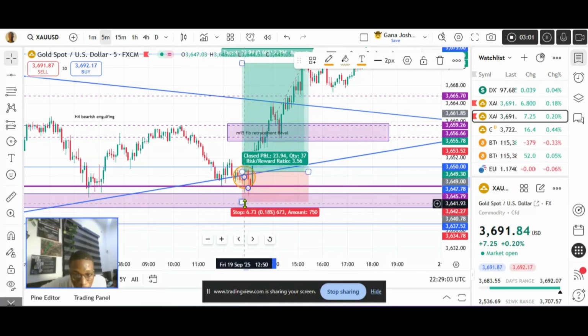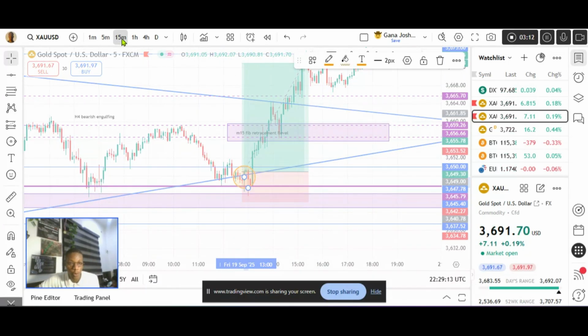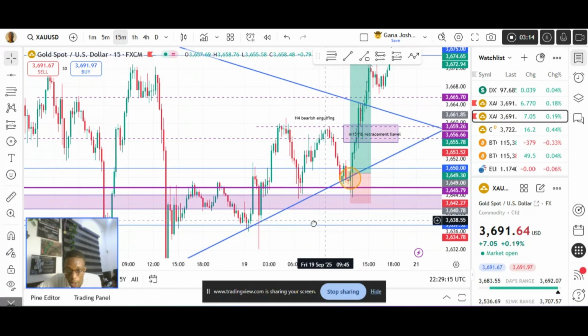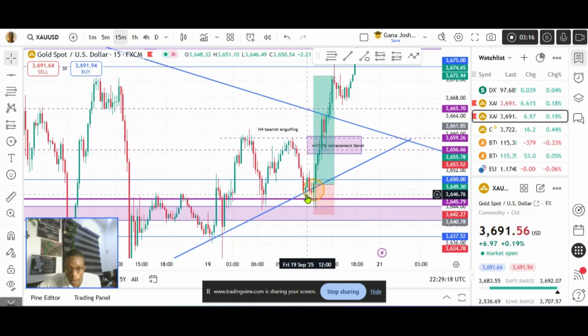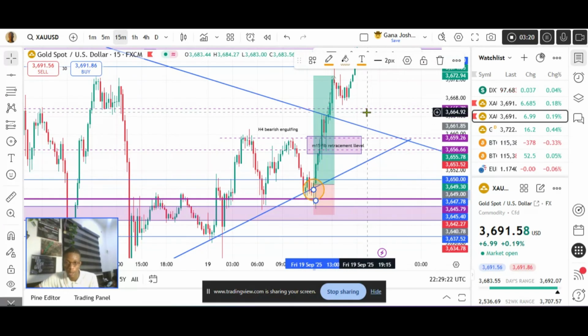Our stop loss was below this low. Price came like it wanted to touch, and it gave us the confirmation. And if we go up, you would see how price reacted nicely. From this point, we just knew that the bulls have taken over the market.